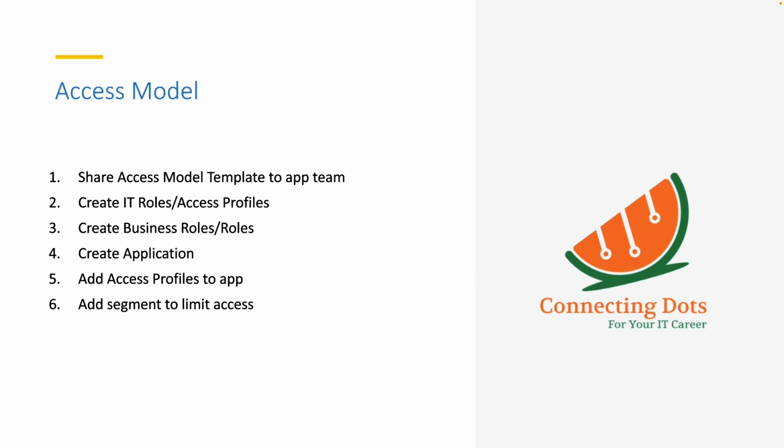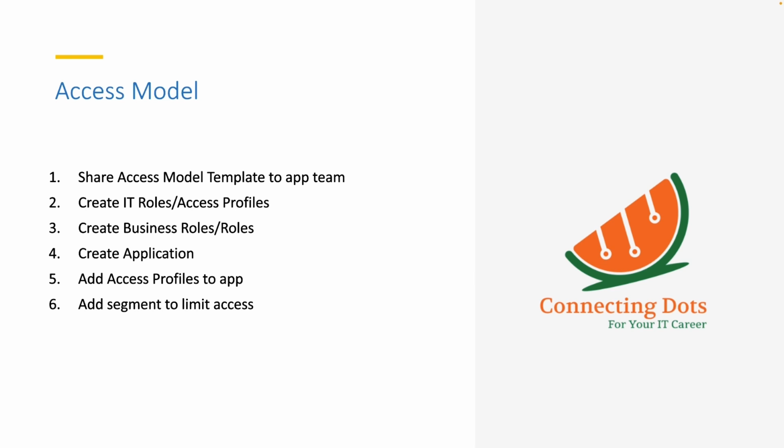In Identity Now we call it an access profile. In Identity IQ you create an IT role, which is a collection of entitlements from any application. But in Identity Now it's from the same application. What does that mean? You cannot add entitlements from multiple applications into a single access profile. That's the only difference, remaining everything is the same.